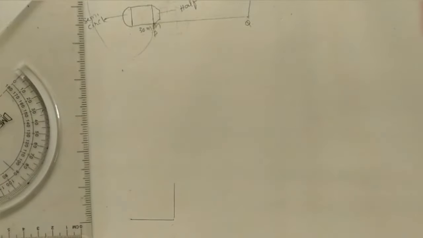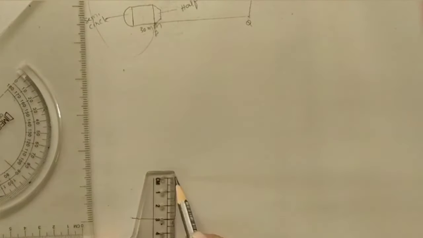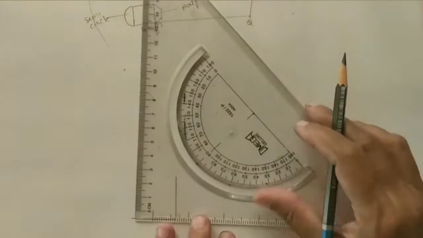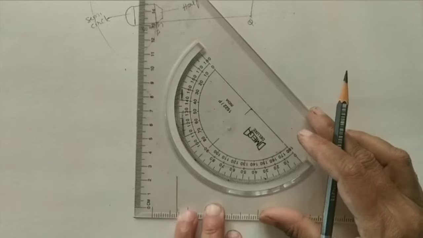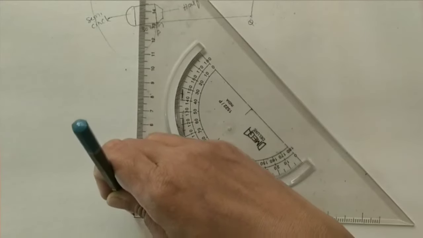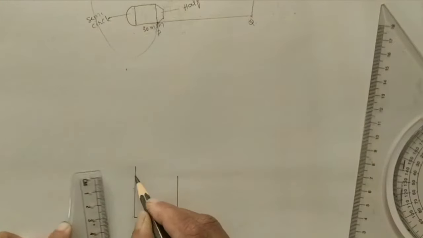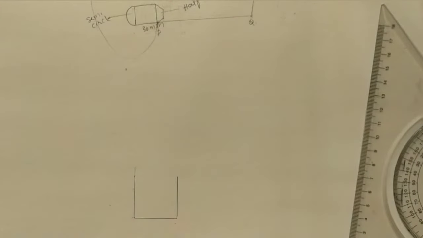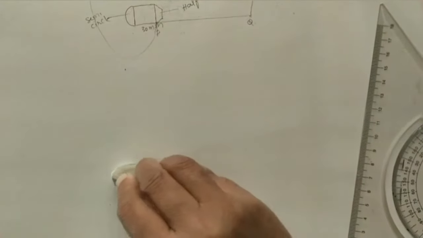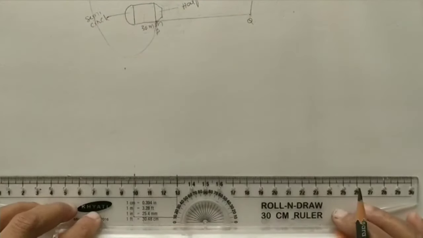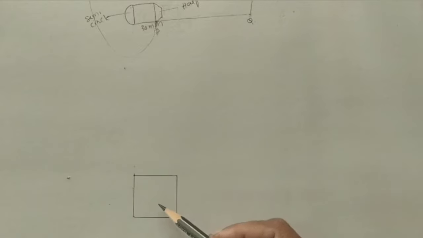How much is this length? 3 cm. This side also take at 90 degrees. On this side, take 3 cm. Okay, remove the extra end. Now join these 2 points. So this is the square.